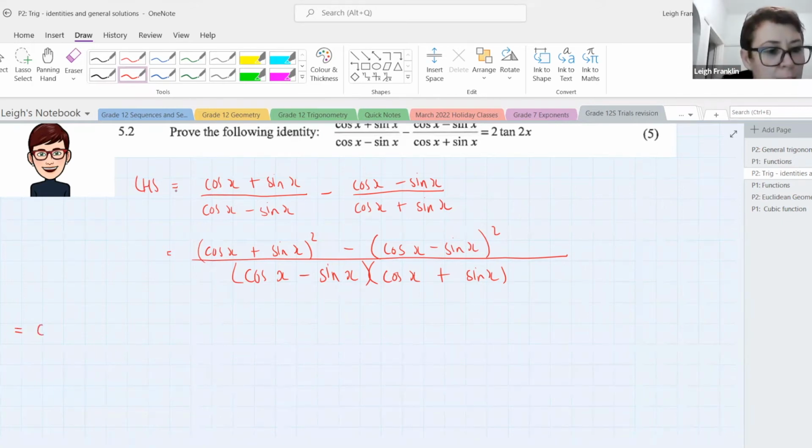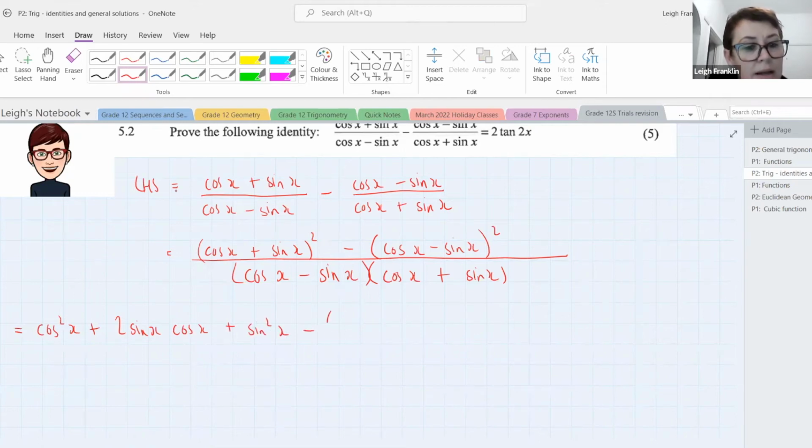So this would end up being cos squared x plus 2 sine x cos x. Here we're seeing that same thing again as we did in the previous question, plus sine squared x, minus, and then here I'm going to keep my brackets because I'm subtracting something that's going to have more than one term in it. And again, I would end up with cos squared x, minus 2 sine x cos x plus sine squared x.